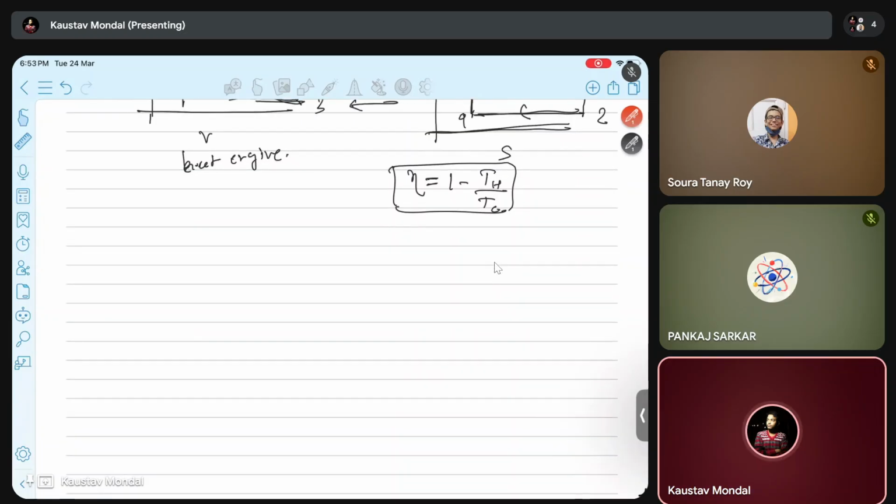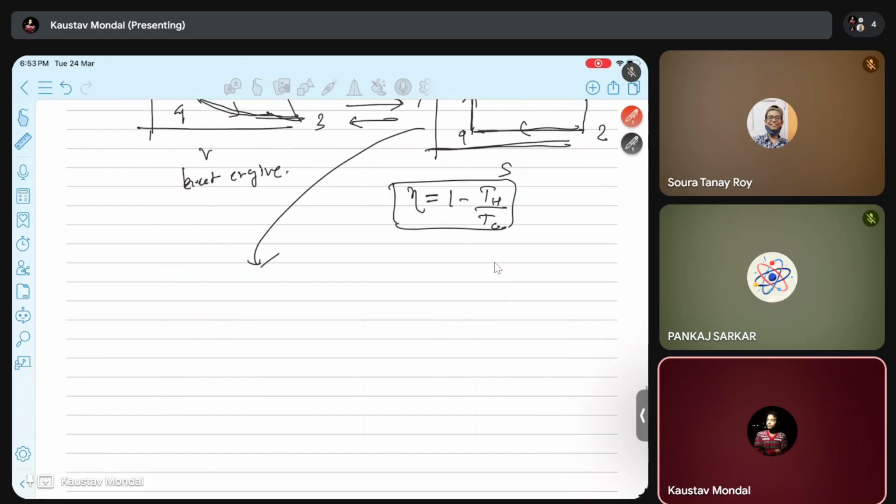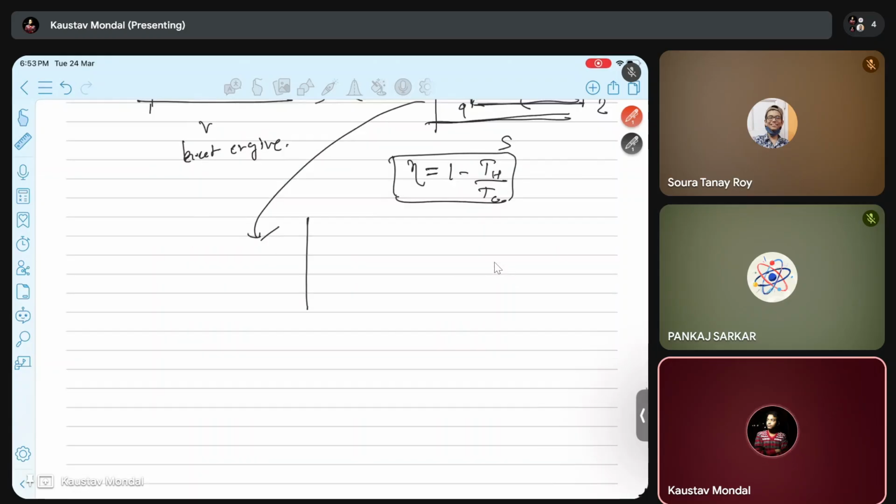So one more thing to remember. In the case of a TS diagram, if you want to calculate the heat input and the work done by the system, it can be easily calculated.